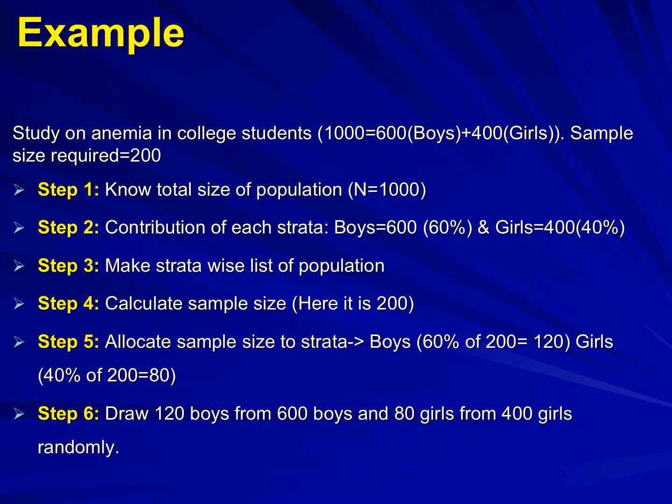Let's understand the concept of stratified random sampling with the help of an example. The scenario here is, we have to conduct a study on anemia in college students with a strength of 1000 students. Out of those 1000 students, 600 are boys and 400 are girls, and the calculated sample size is 200.